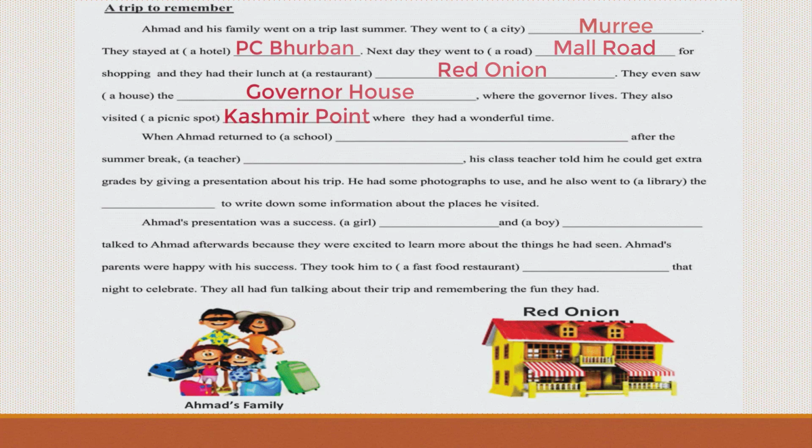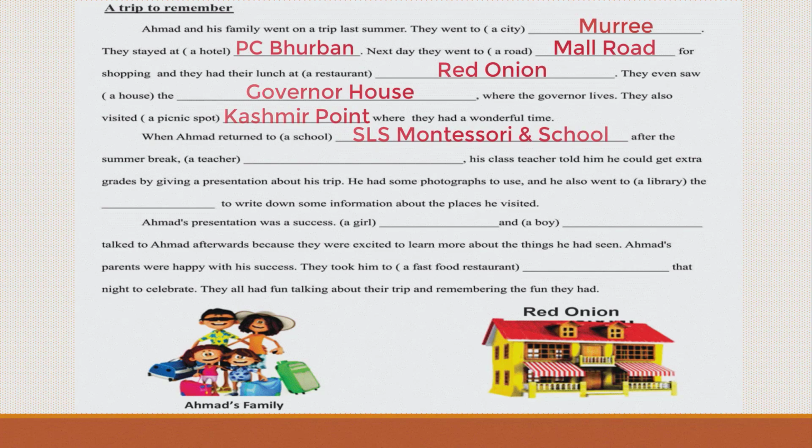We have written it from here. See, it's written here, Kashmir Point. So Kashmir Point, again K capital and P capital. Where they had a wonderful time. When Ahmed returned to school, which school? School, again common, and which school? SLS Montessori School. So SLS Montessori is a special name for a school.